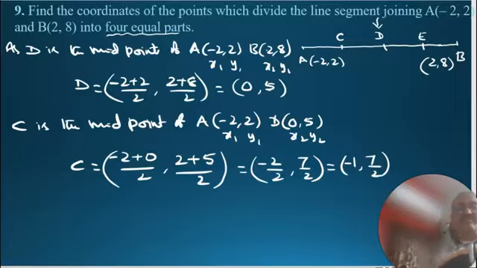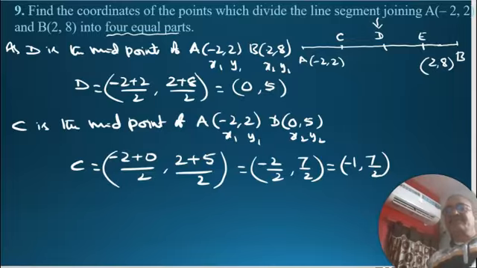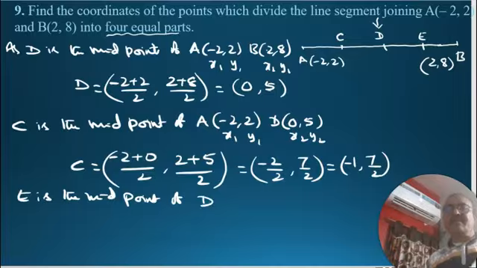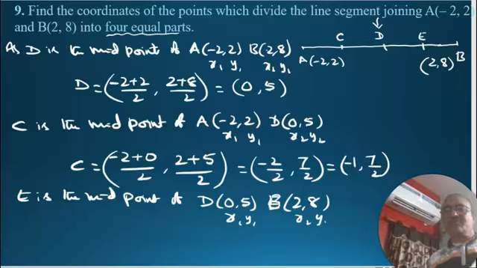See, C is the midpoint of A and D. Similarly, E is the midpoint of D and B. We already found D is (0, 5). E is the midpoint of D(0, 5) and B(2, 8), x1 y1, x2 y2.